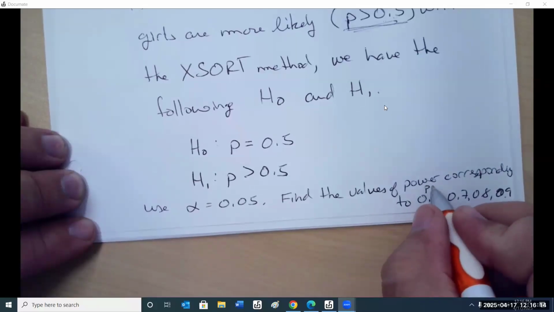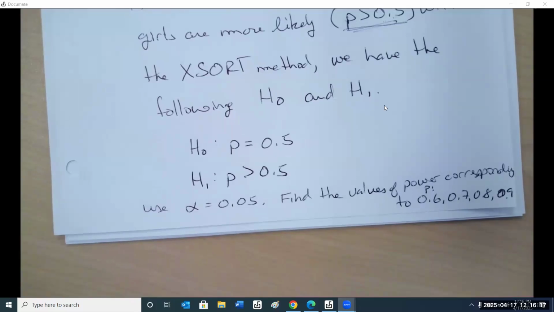These are my p-values, the probabilities.